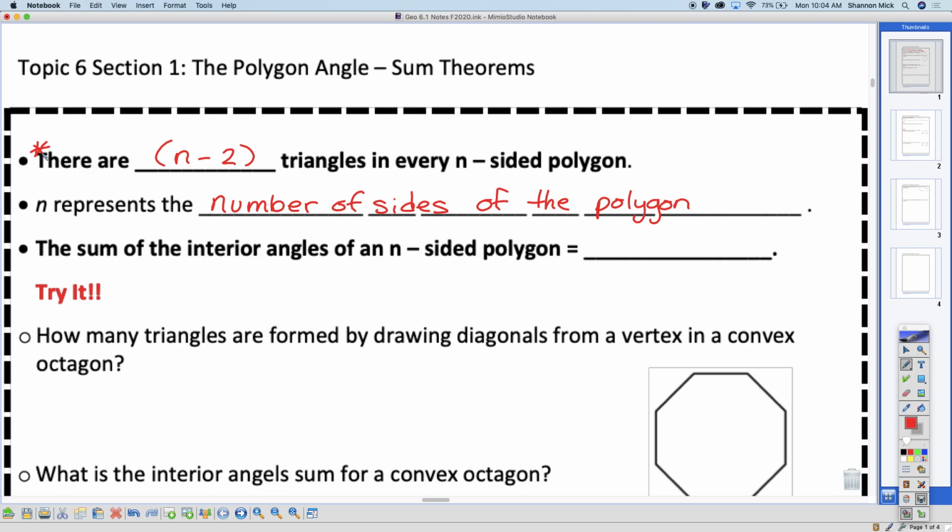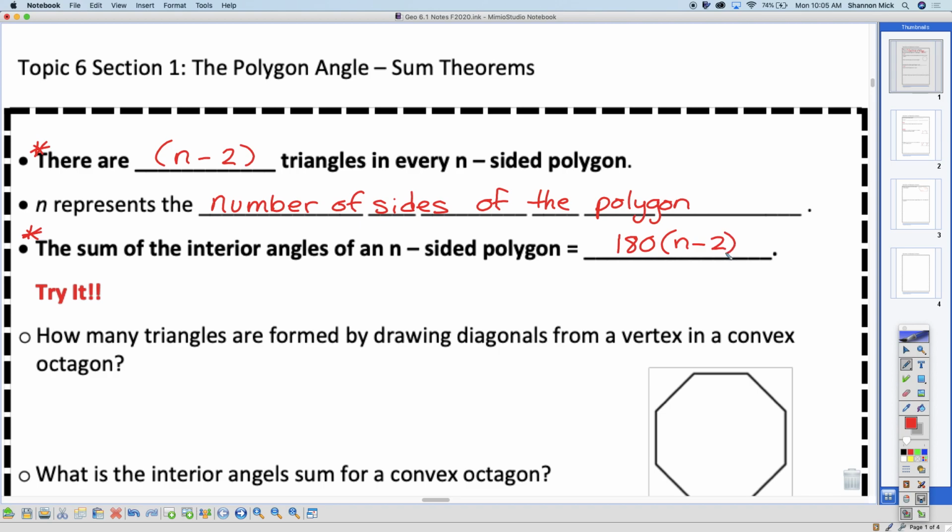Okay, now this is another one you probably want to highlight. The sum of the interior angles in an n-sided polygon is equal to, well, we figured out how many triangles there were, right? And how many degrees are in a triangle? 180. So we take 180 times n minus 1, and n minus 1 is what?